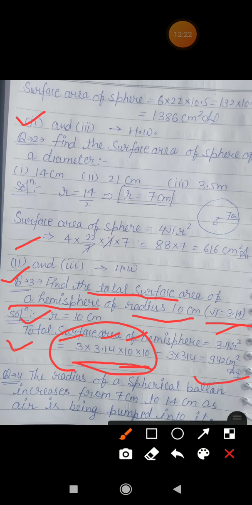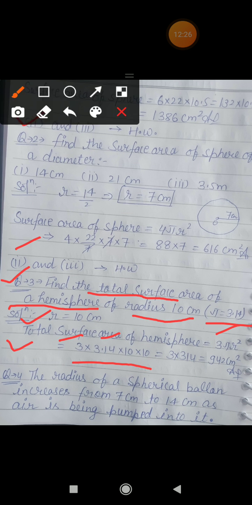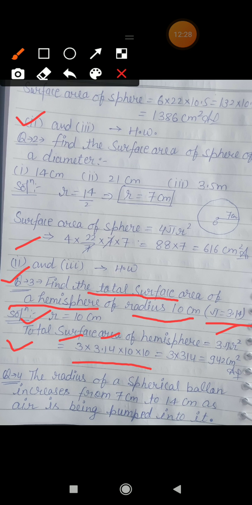Okay, now the next question is on your screen. The radius of the spherical balloon, not hemisphere, that is a spherical balloon, increases from 7 centimeter to 14 centimeter as air is being pumped into it.